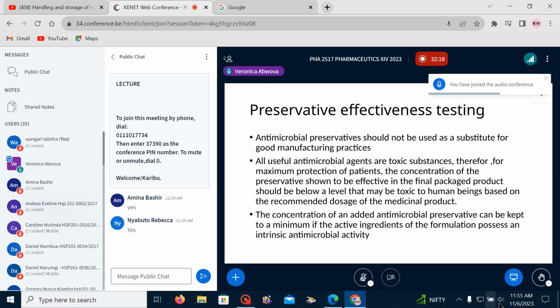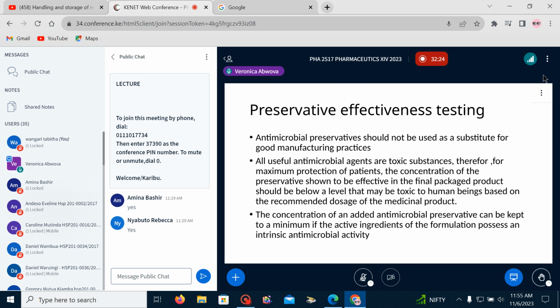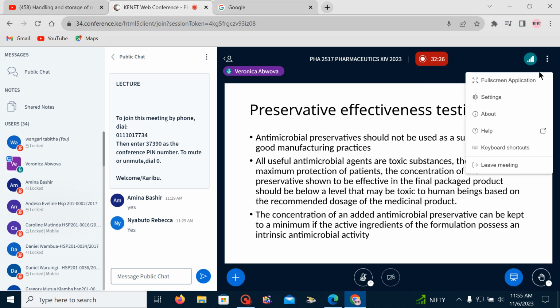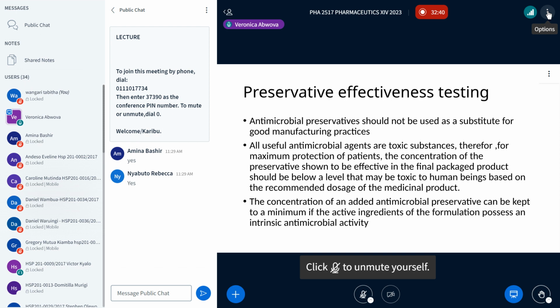Okay, and it should be below a level that may be toxic to human beings based on the recommended dosage of the medicinal product. So again, remember, these are chemicals, okay? We don't want a scenario whereby you're killing microorganisms, but again, you end up killing even the patient, okay?